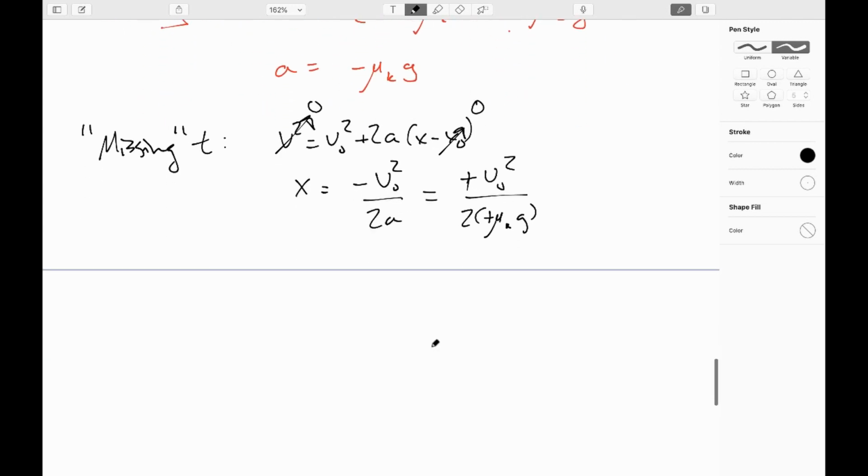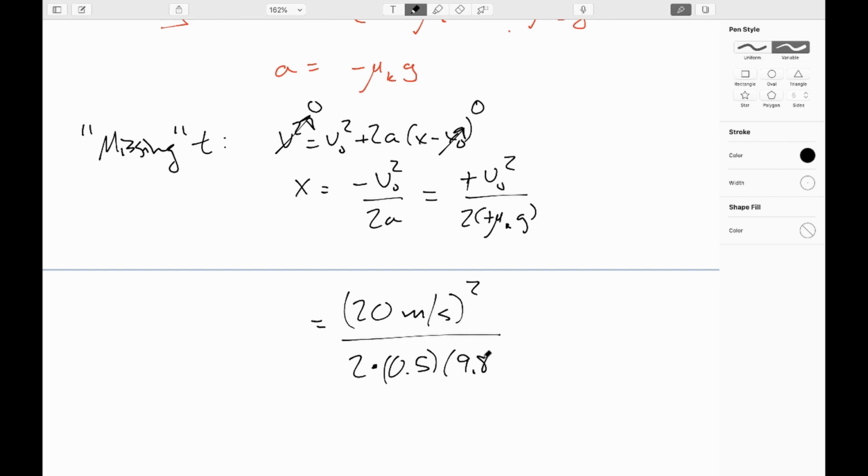All right, so now we can go ahead and put in the numbers. This will be 20 meters per second squared over 2 times 0.5 for our coefficient of kinetic friction times 9.8 newtons per kilogram. But here for balancing units, probably better to restate as meters per second squared. So in the numerator, I have meters squared per second squared.